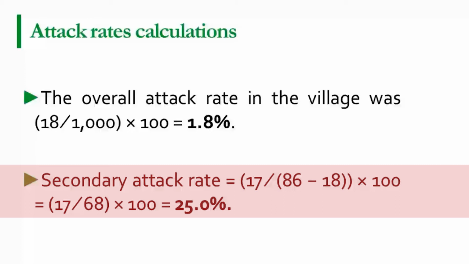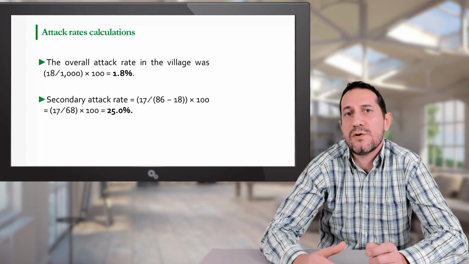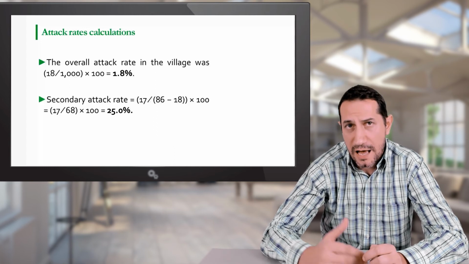That gives us 17 over 68, which is 17 cases over 68 of the population at risk, which can get sick because 18 of those had already been sick. And then we would have a 25% secondary attack rate. And that's how we calculate the overall and the secondary attack rates.